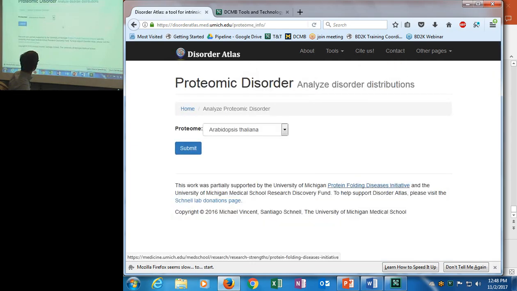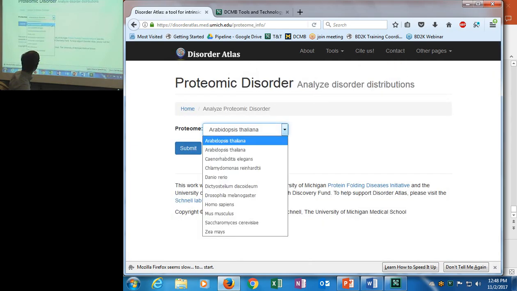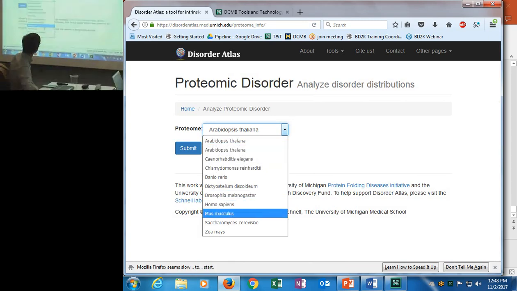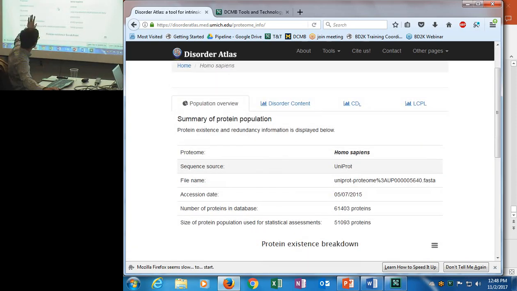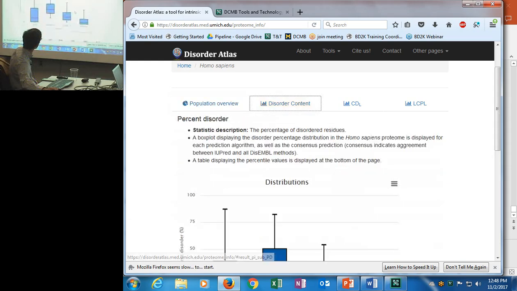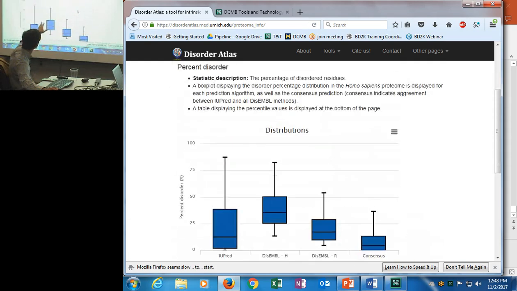And it's uploaded there, and then you decide, well, let me just look at the proteome of human. And then when you submit it, it's going to give you all the statistics and the distribution for the human proteome. And effectively you have the number. So when we did the last accession, so the number of proteins that we have in the database and the ones we use for the statistical assessment, then you can display the proteome description.